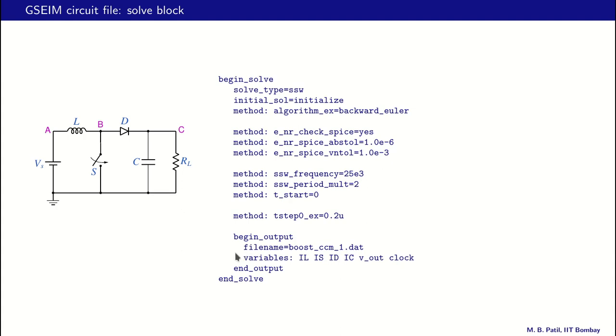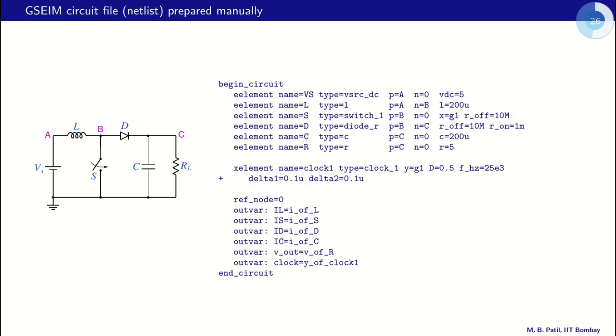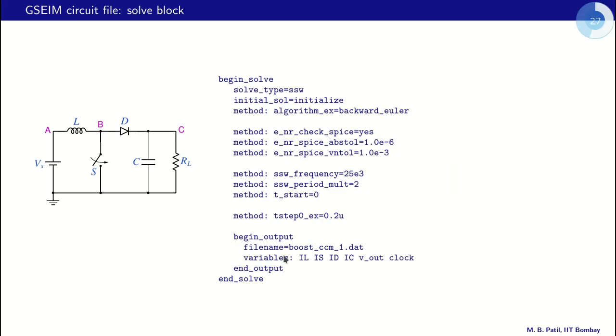The other important specification is which variables this file should store, and we see here we are storing IL, IS and so on, and in fact these names come from our previous slide from the circuit block, and these are the output variables that we have already defined in the circuit block. So any of these names has to be in the output variables that we have defined in the circuit block.